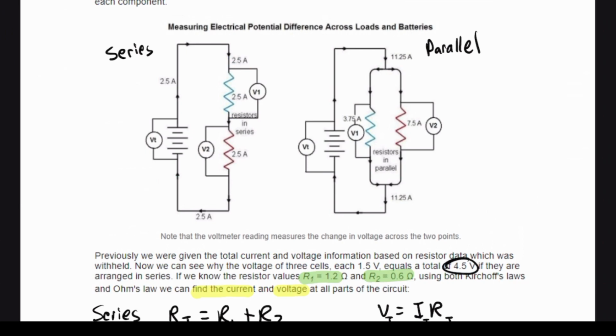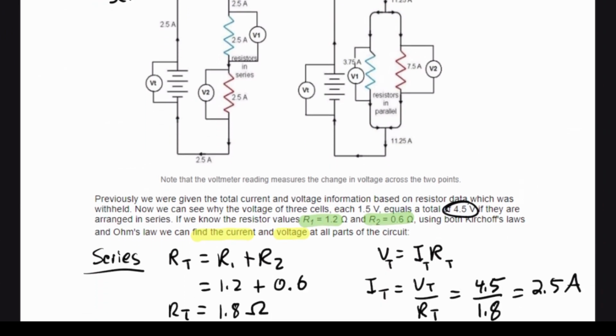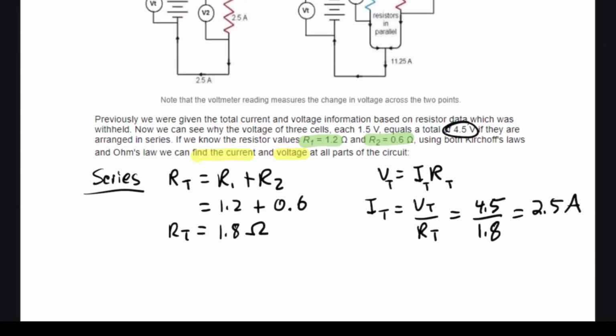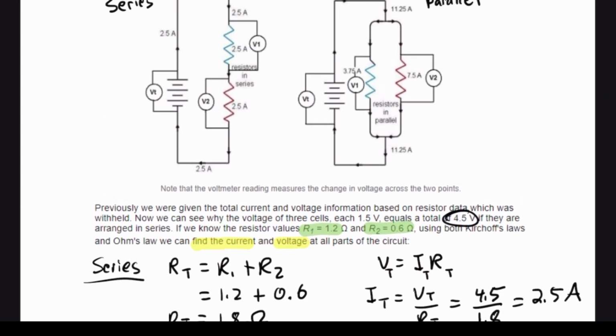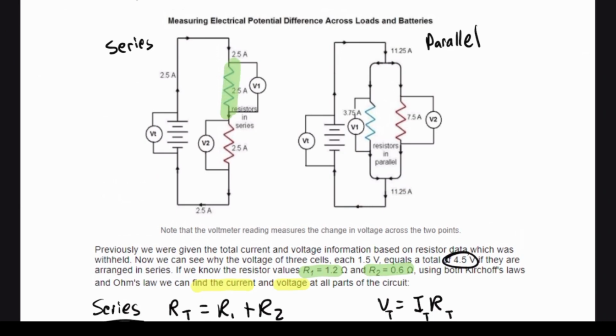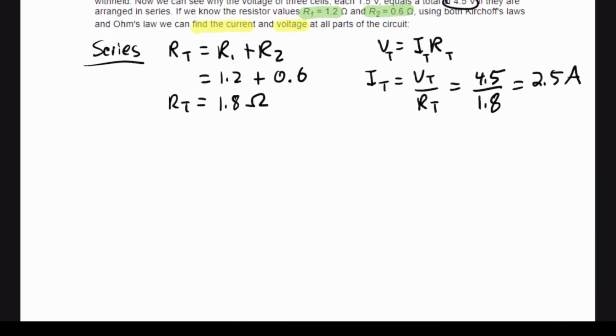Now, since we know that the current is the same everywhere in the circuit, we can look at each individual resistor and figure out what the voltage drop is across it. Let's do some voltage calculations together. The voltage for the first resistor is just the current in the first resistor times the resistance of the first resistor.